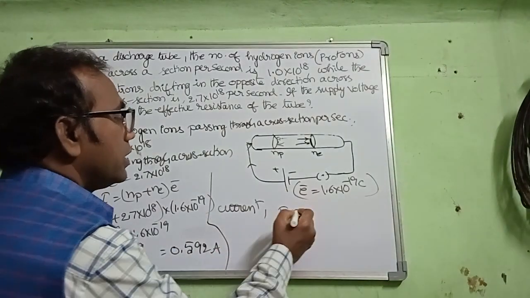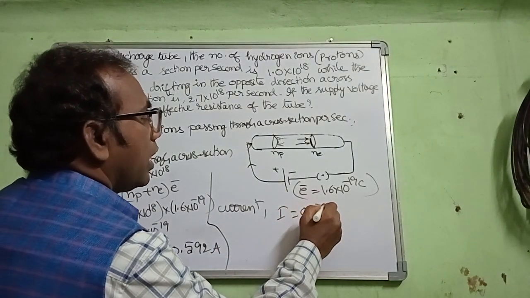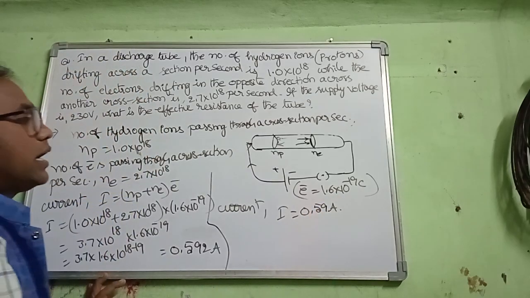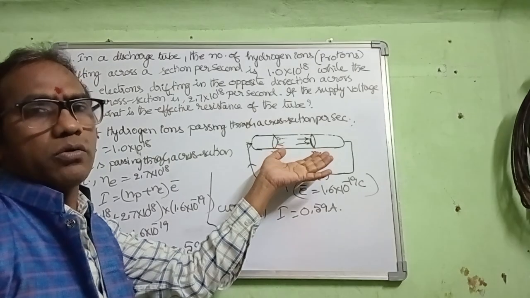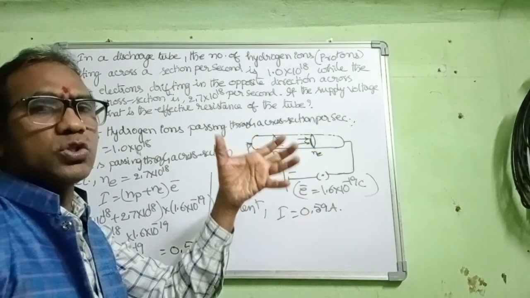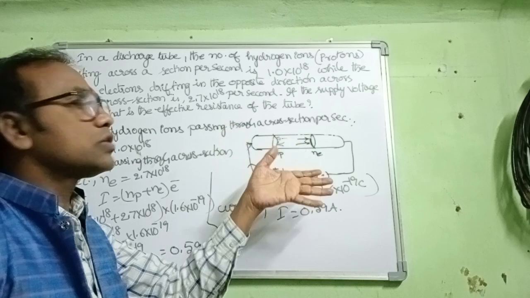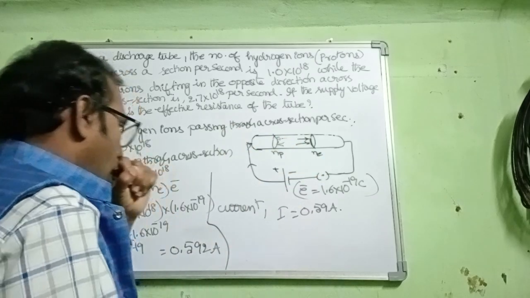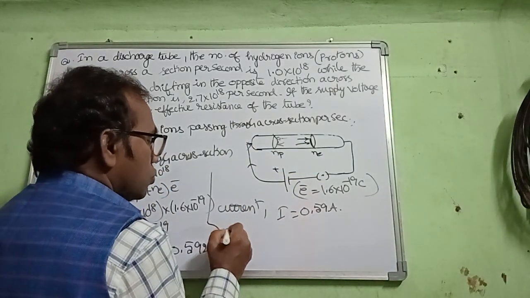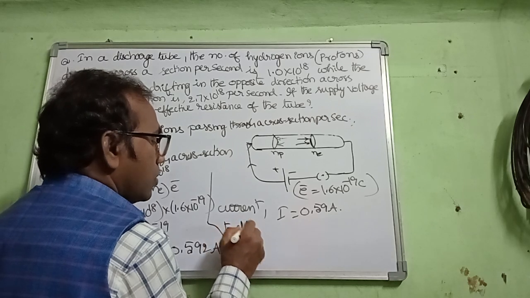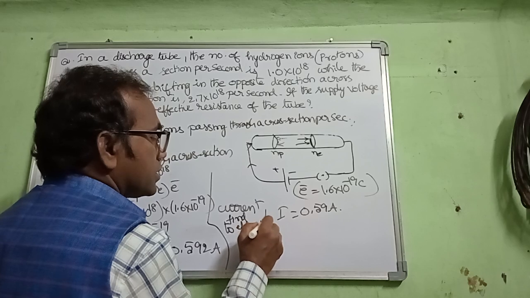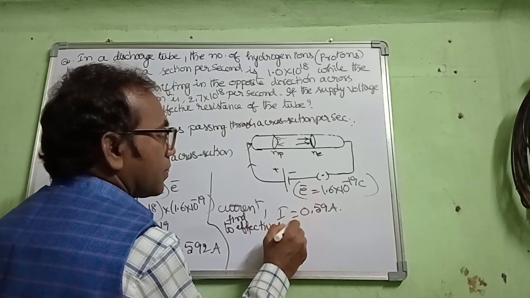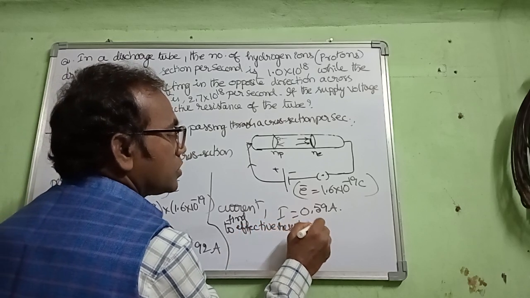So the current is 0.592 ampere. But what will the effective resistance be? We have to calculate the effective resistance, which is caused by the discharge. To find it, take Ohm's law.